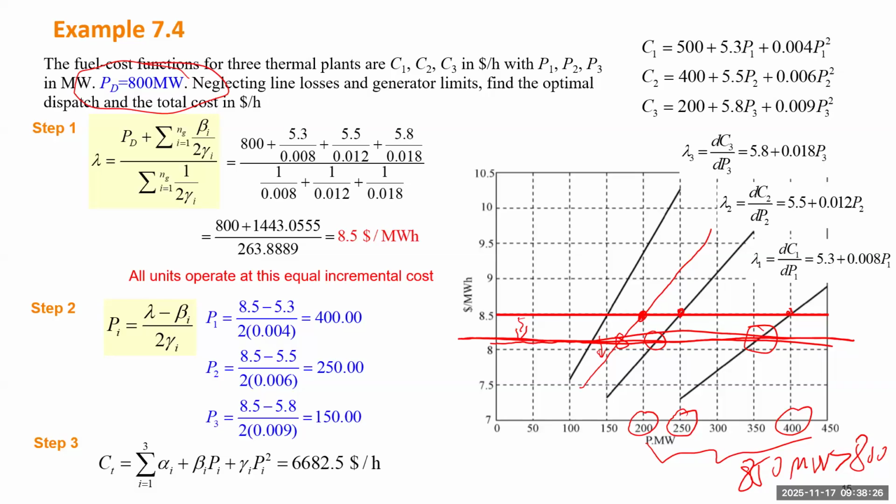The owner of the generator provides this cost information. It's up to you; you can provide this curve or that curve, but finally the operator tells you what output you need to generate. So you can play with the market, but eventually there will be some dynamics.